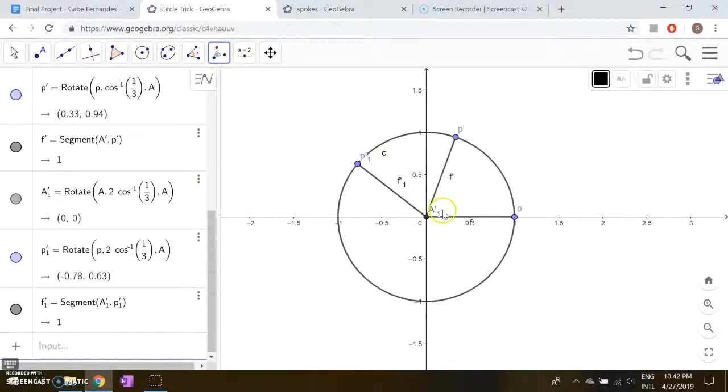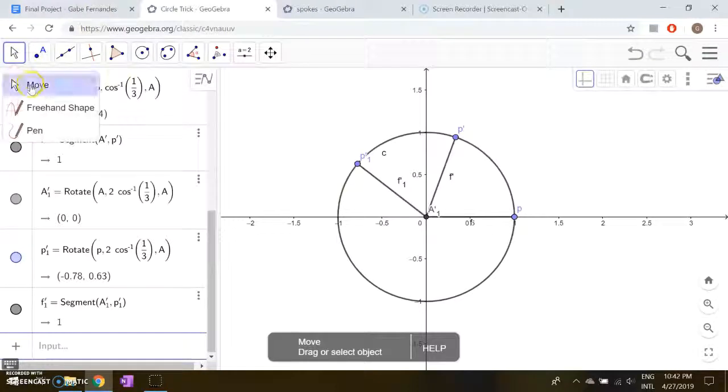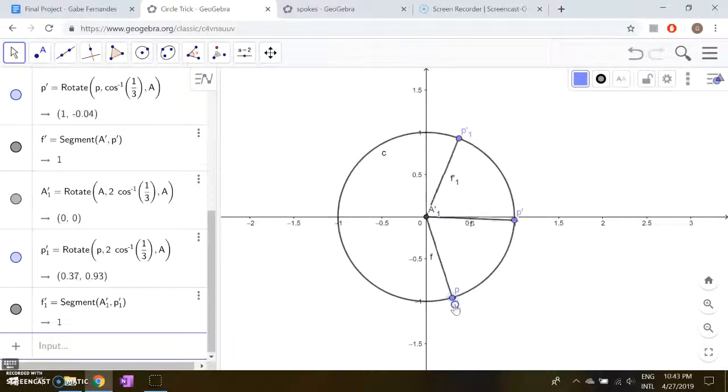Though what we're actually going to do with this in order to fill the hole is define rho inverse. And the way this will work is it rotates by the same angle in the clockwise direction, like so.